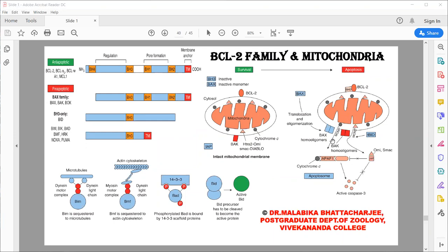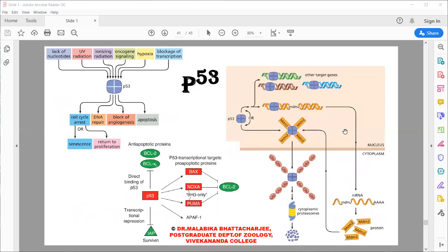The moment cytochrome C leaks out, along with OMI and SMAC, they bind with IAP, thus leaving APAF free to bind with cytochrome C. So this happens immediately when the outer membrane potential is jeopardized. So this is happening on one side.